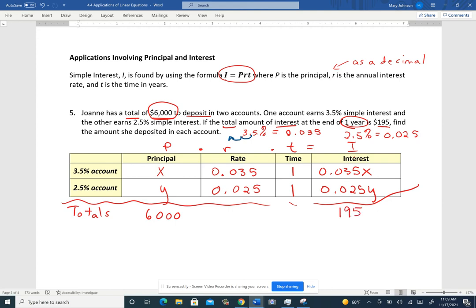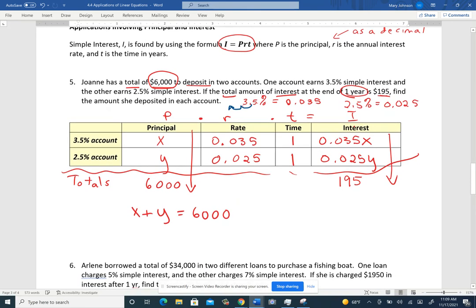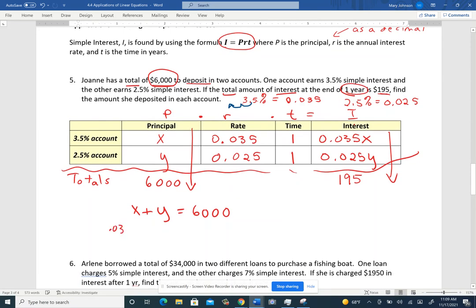So here you're going to get one equation from this set, because it would be logical that since she's putting that money in just two investments, the sum of the amount invested in each, when you add those up, should get 6,000. And then the other equation is going to come from the interest earned from the first account plus the interest earned from the second account should equal the total amount of interest earned.